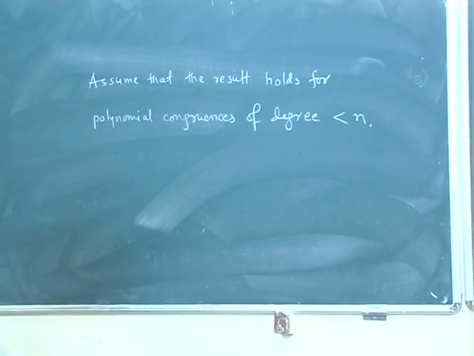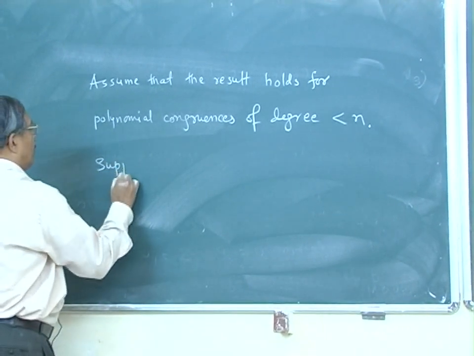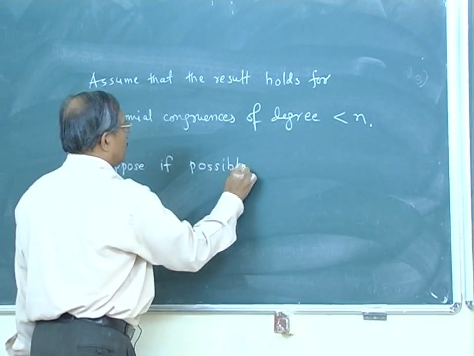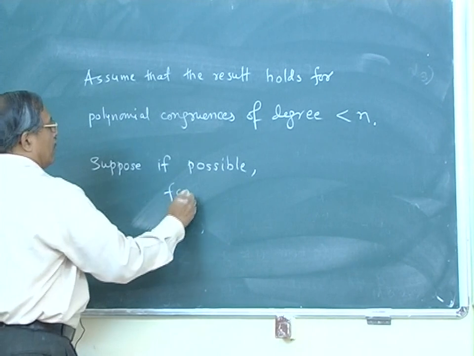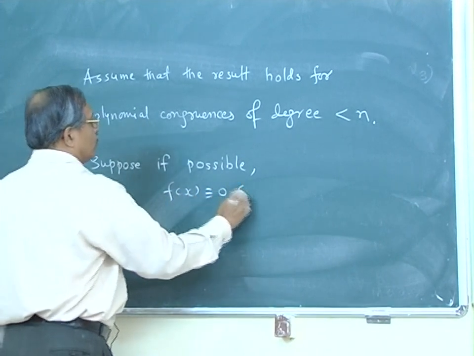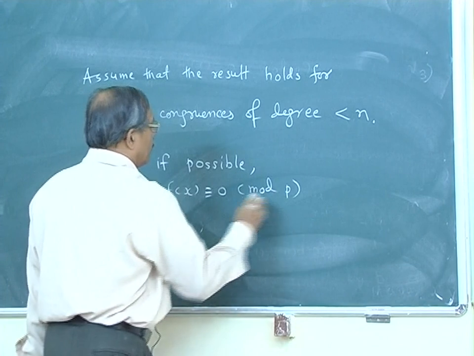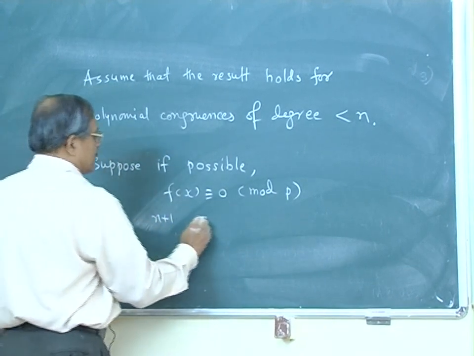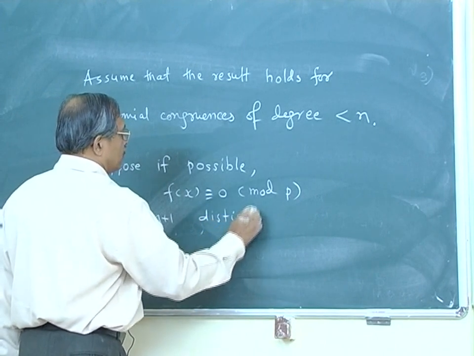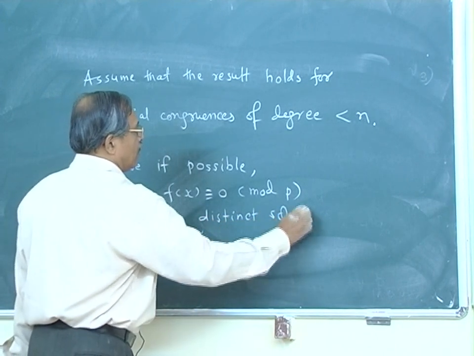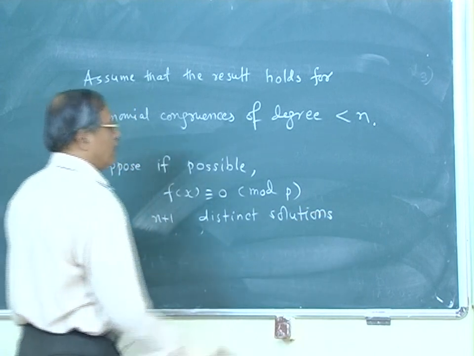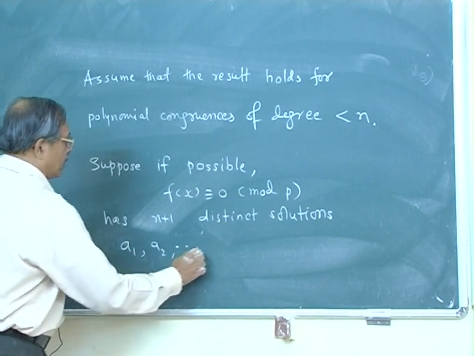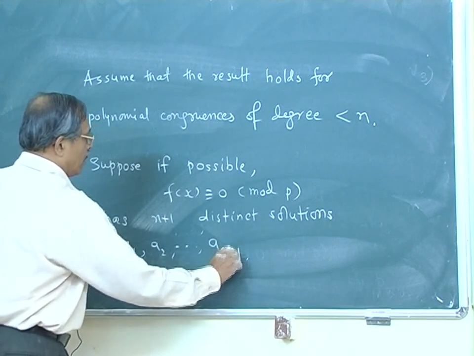Now suppose, if possible, f(x) congruent to 0 mod p has n plus 1 distinct solutions a1, a2, etc. up to a(n+1).